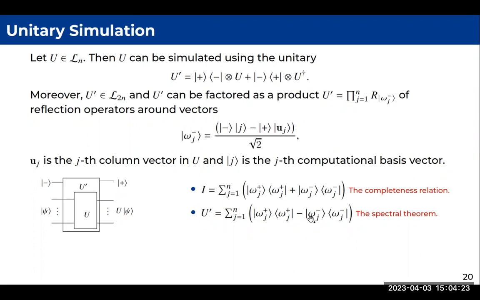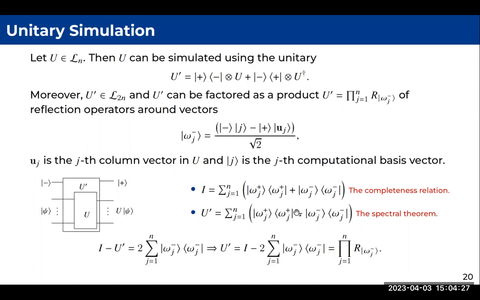Therefore, by the spectral theorem, you can write it in this way, where this minus just comes from the eigenvalue. So combining these two equations, you can take I minus U prime and it will give you this. But note, if you move I to the other side of the equation, you will see this is exactly what we just talked about, the reflection operator.